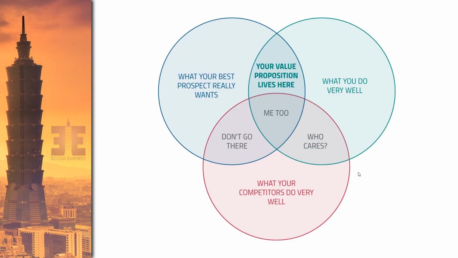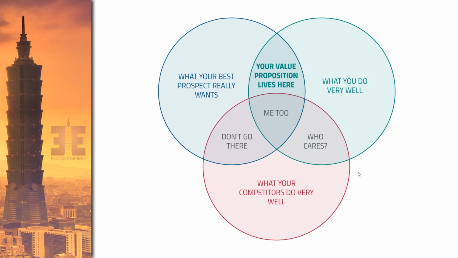Now, here's a nice chart that can help you understand how you identify a value proposition. It's a bit of an abstract concept, but here's what we're going to look at. When it comes to a business, there are basically three main characters in that story: you, your competitors, and your prospect, or your audience, or your niche, or your target market, whatever you want to call it.